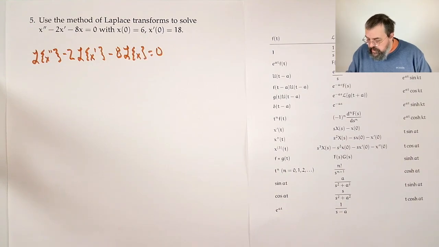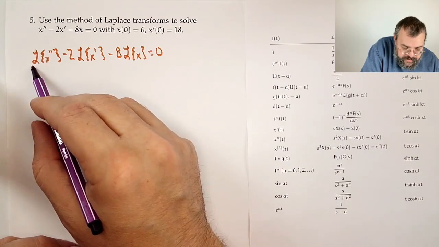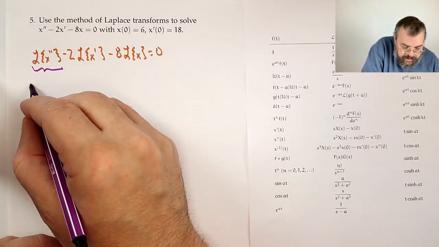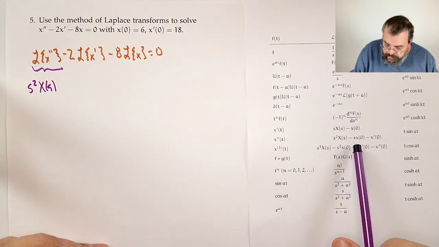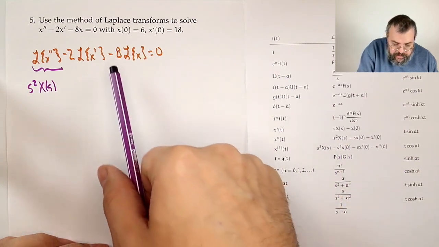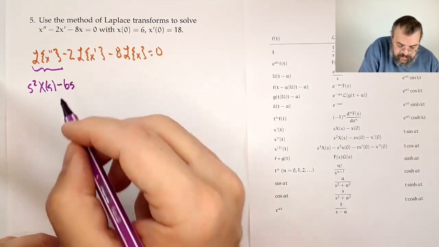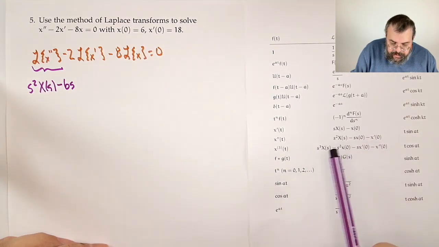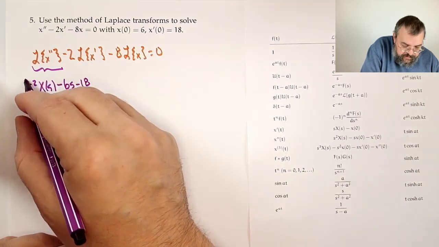Okay, so then what will we have? Let's work through this carefully. The first piece becomes s squared X of s. Subtract s times x of 0. x of 0 is 6, so subtract 6s. And then subtract x prime of 0, so subtract 18. All right, so that's our first piece.